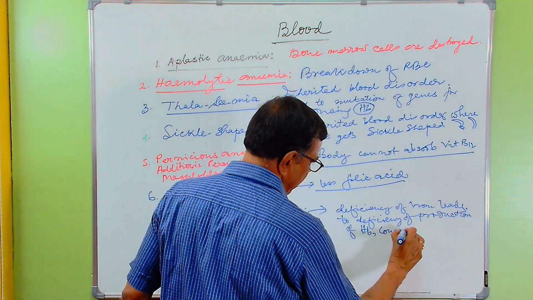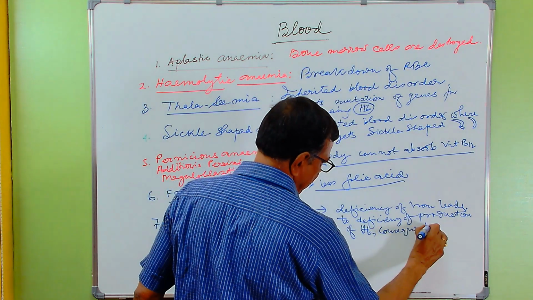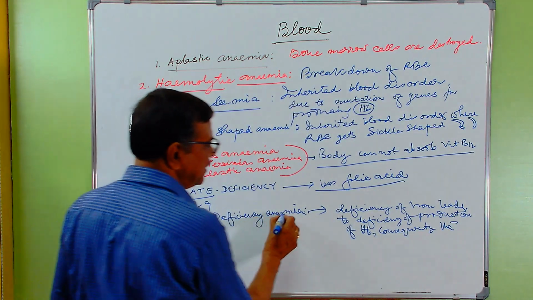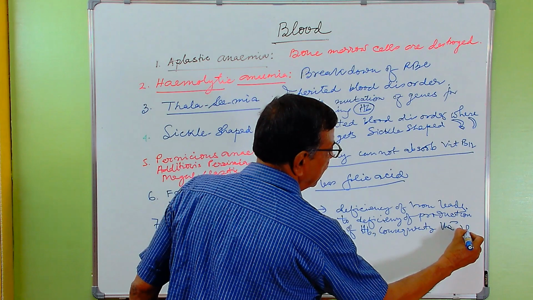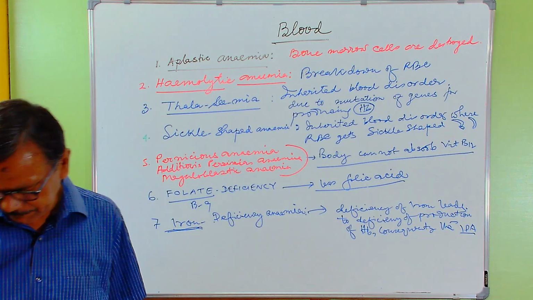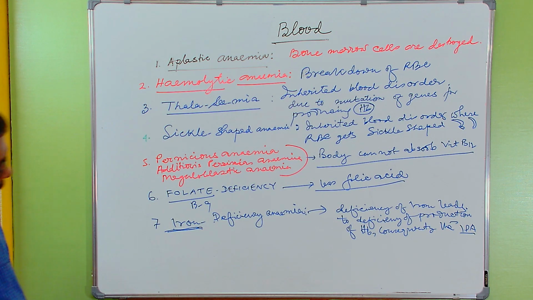Consequently, iron deficiency anemia, IDA, occurs. Clear? It is getting more and more complex.